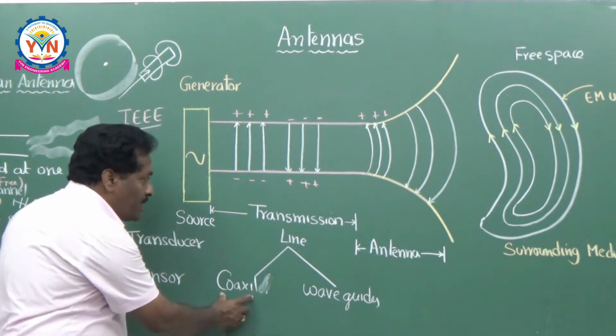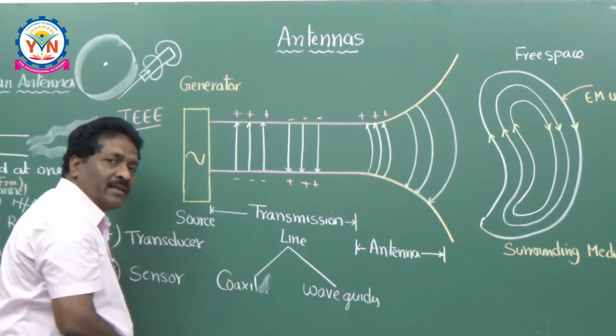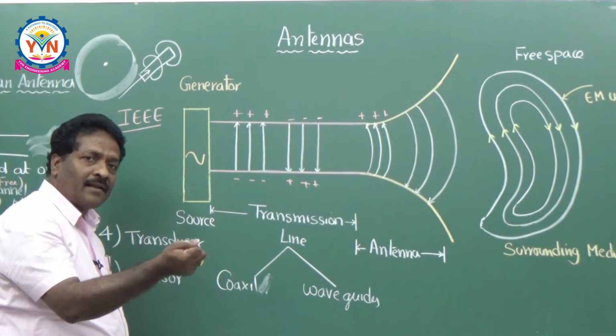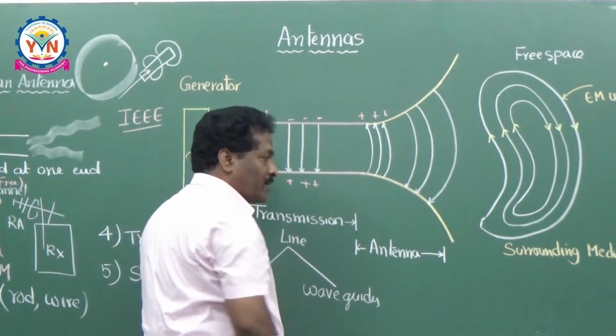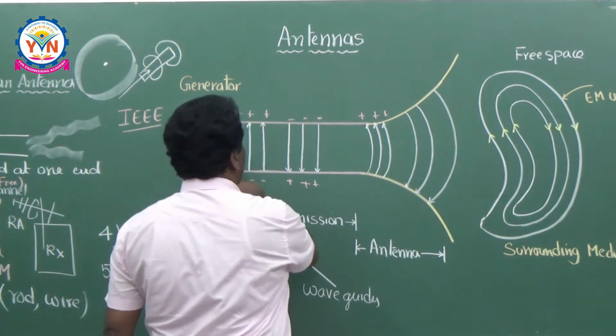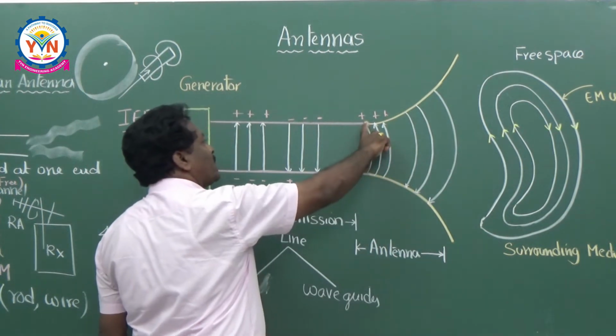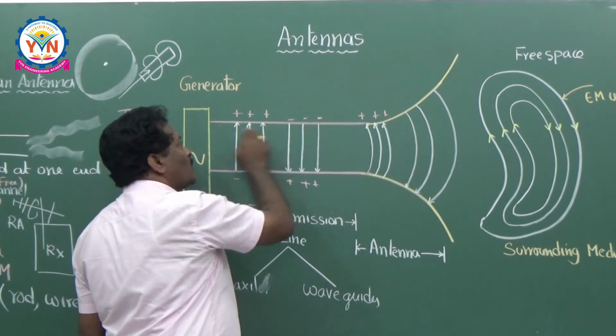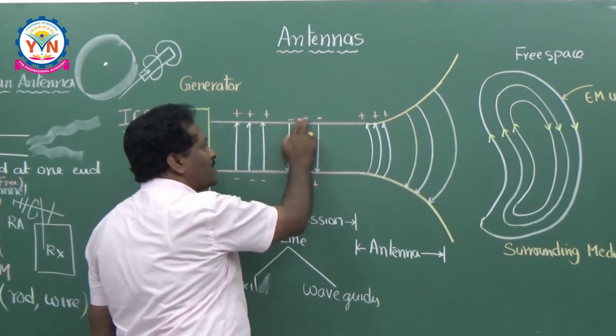Your coaxial lines and ordinary parallel wire transmission lines can handle small powers. Whenever the power is more for a signal, then people go for these waveguides. Whatever it may be, it is a transmission line, a physical mechanism guiding this energy from this place to this place. That's why there is an oscillating of energy in this direction.